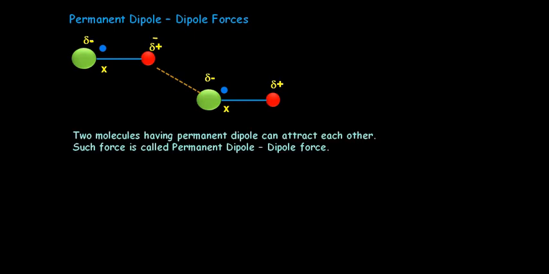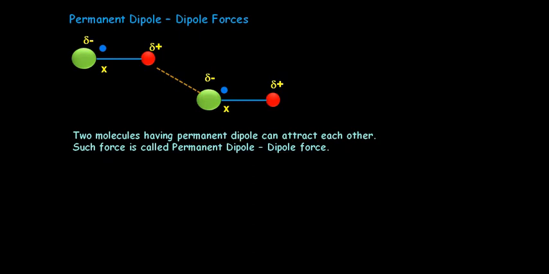Now, when such molecules are polar with a partial positive and a partial negative charge on its atoms, then the bond existing between such polar molecules will be a permanent dipole-dipole force. So two such molecules which have a permanent dipole on them may get attracted to each other, and such a force which exists between two such molecules is called permanent dipole-dipole force.